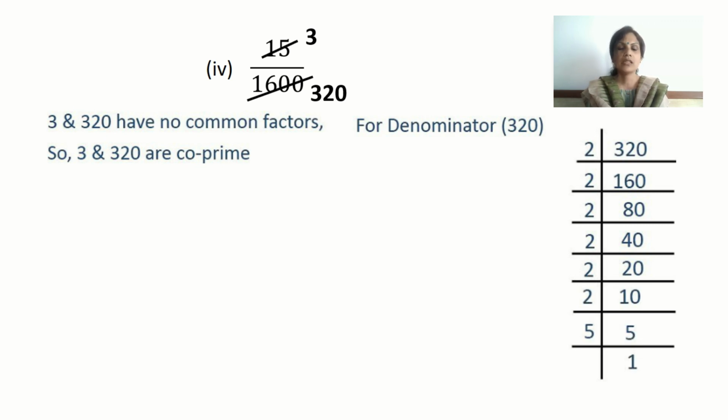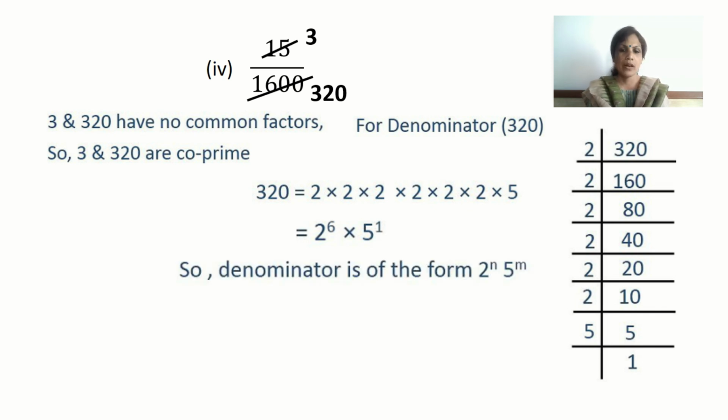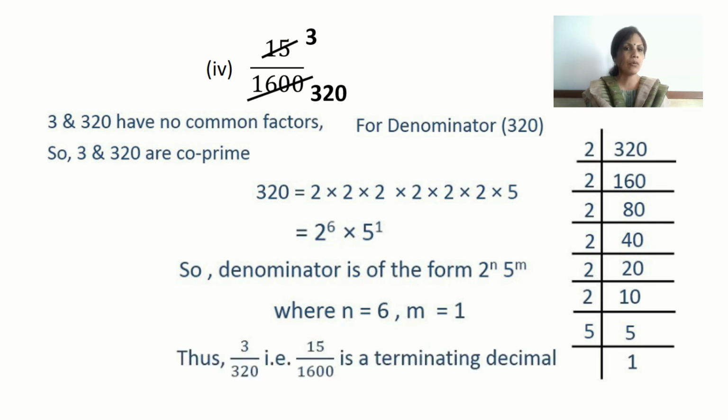So the denominator 320 has factors 2 into 2 into 2 into 2 into 2 into 2 into 5. I can write it as 2 raised to 6 into 5 raised to 1. So the denominator is of the form 2 raised to n into 5 raised to m, where n is 6 and m is 1, and therefore we can say that this fraction 3 upon 320, that is 15 upon 1600, has the terminating decimal expansion.